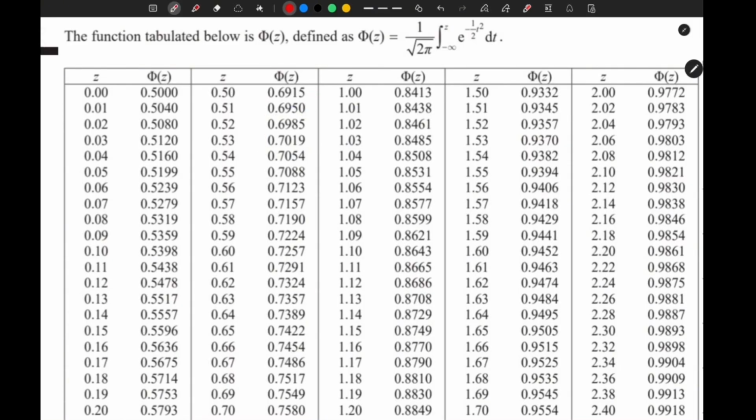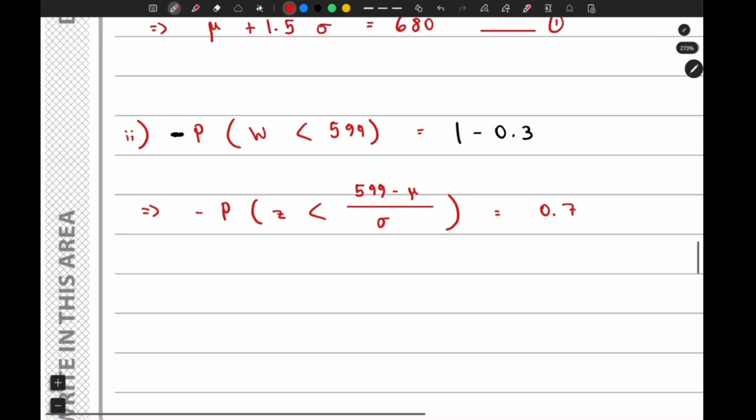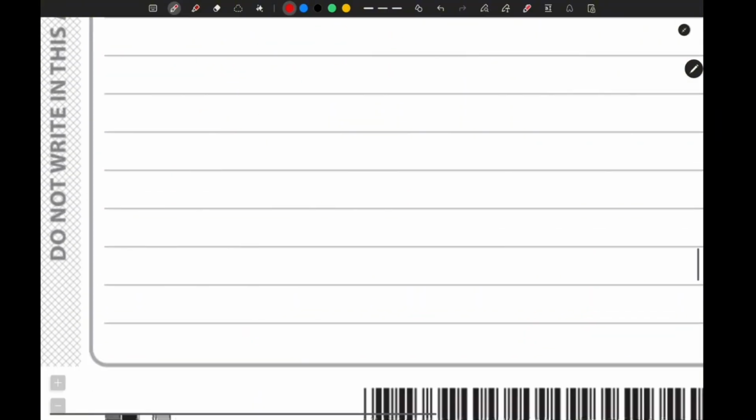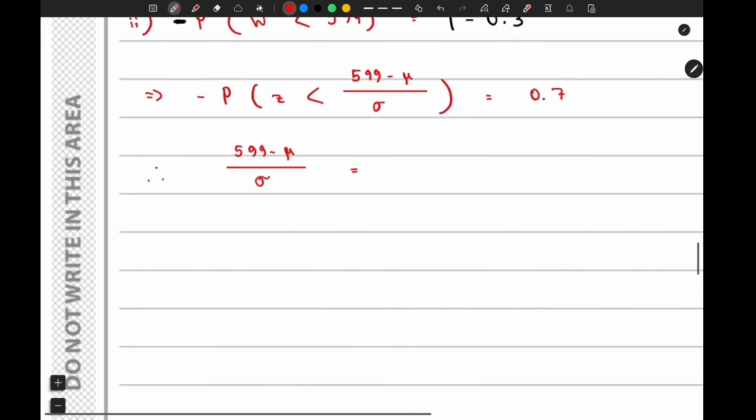So let's take this value. When the value of phi z is 0.6985, the value of z is 0.52. So we can say that (599 minus mu) over the standard deviation equals 0.52.